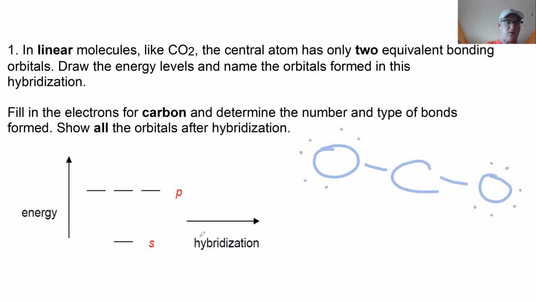What about the carbon, though? Does the carbon have an octet? No. How many total electrons does it have? Only 4. It's got those 2 bonds, one on one side, one on the other. So that's not going to work. How do we cope with that?